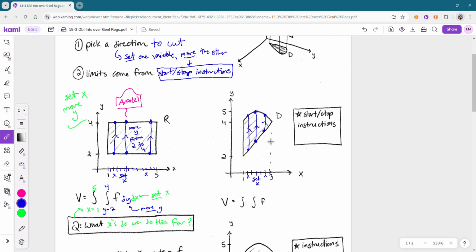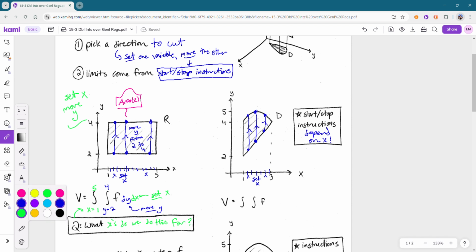What's interesting here is that in this case, we're not always starting at the same number and stopping at the same number. Right? In the middle, we're maybe starting around 3, whereas over on the right, we're starting at like 3.5 or something. And our stopping y values change as well. So our start-stop instructions depend on x.